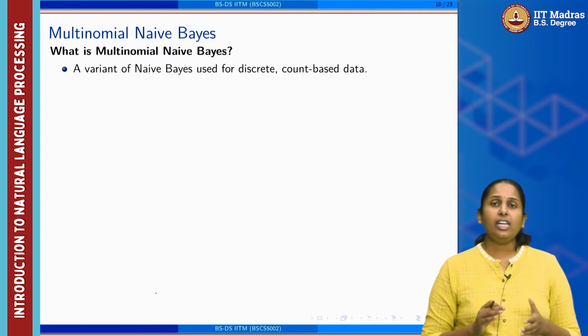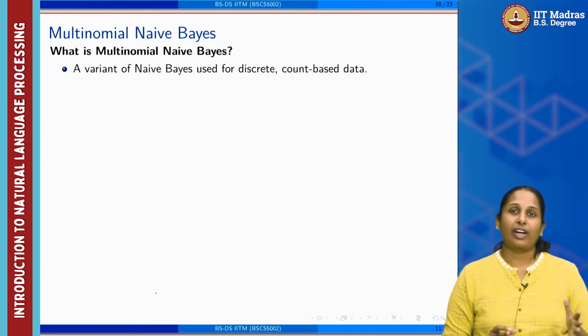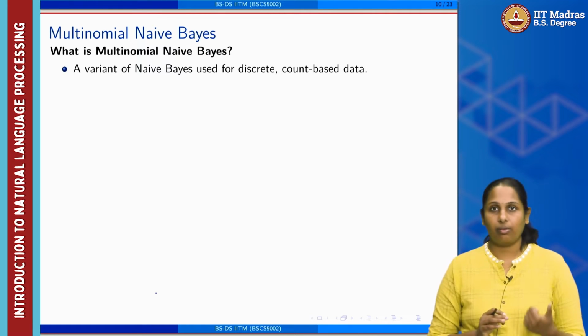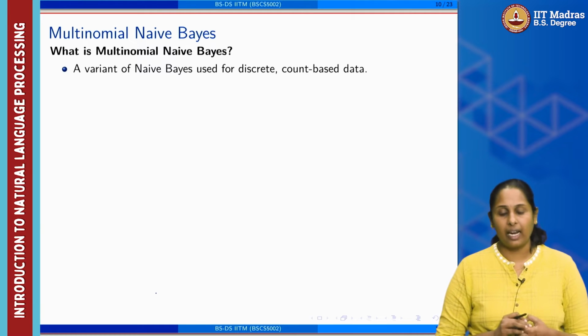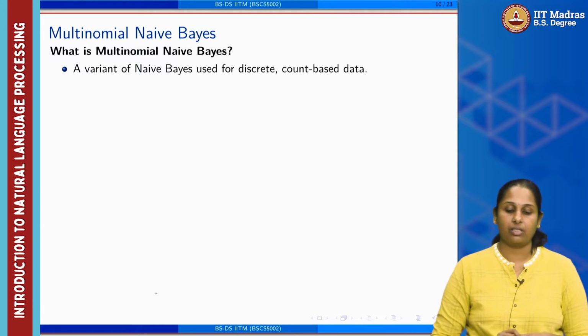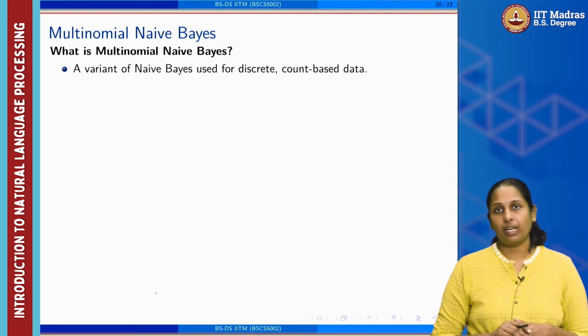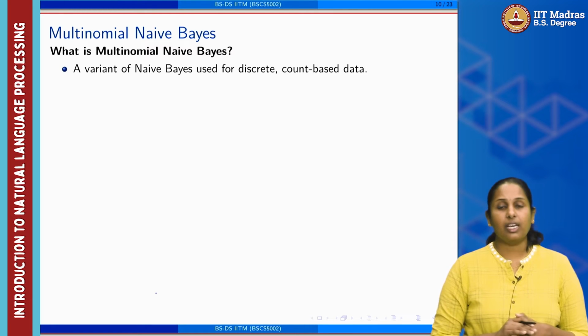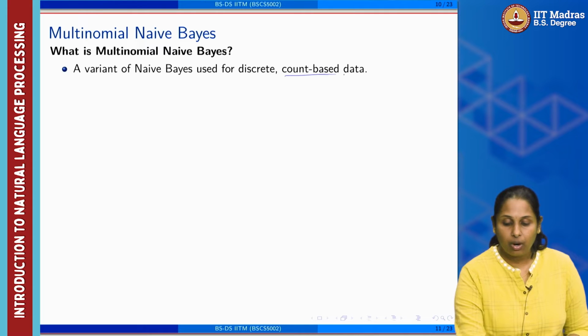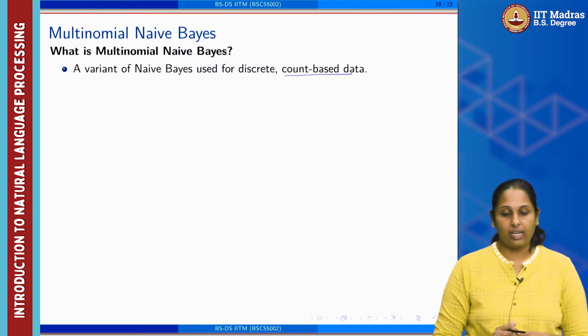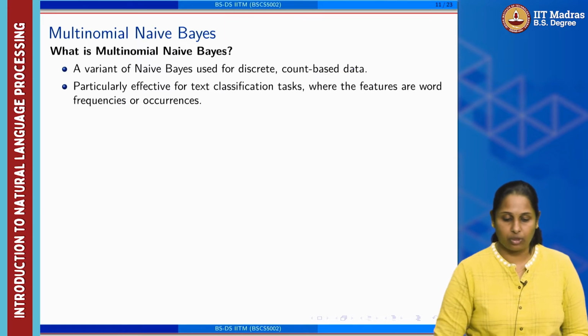And again, naive Bayes has different varieties. One of the naive Bayes variants very commonly used for POS tagging and NER is multinomial naive Bayes. So what is this multinomial naive Bayes? It is a variant used for discrete and count based data. Especially for count based data, multinomial naive Bayes is the most effective one.